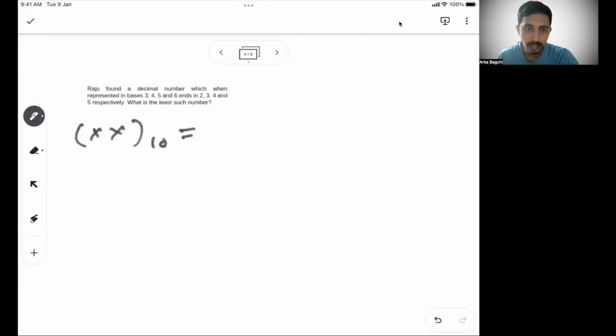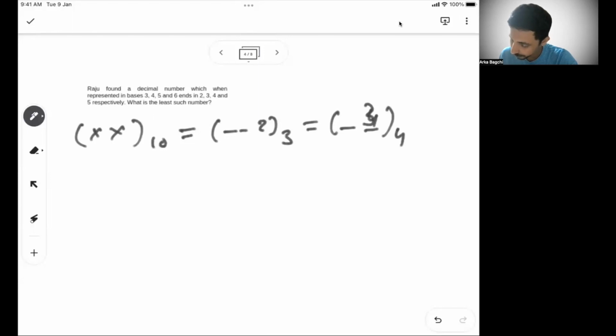And when it is converted to base system 3, the last digit is 2. Then the last digit is 3 when it is base system 4. Then the last digit is 4 when it is base system 5. And then the last digit is 5 when the base system is 6.